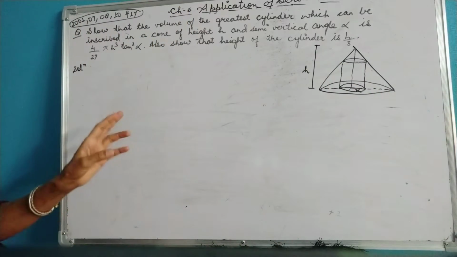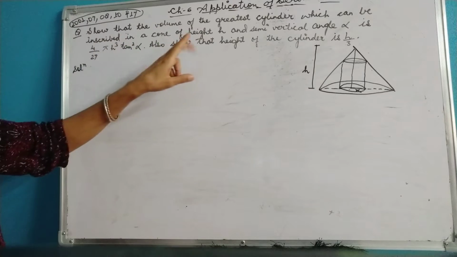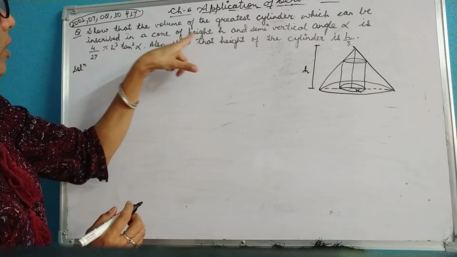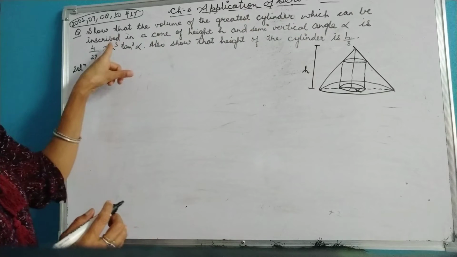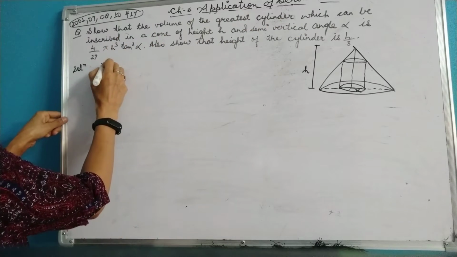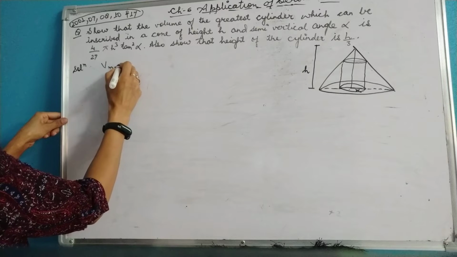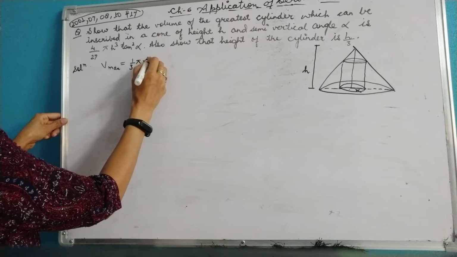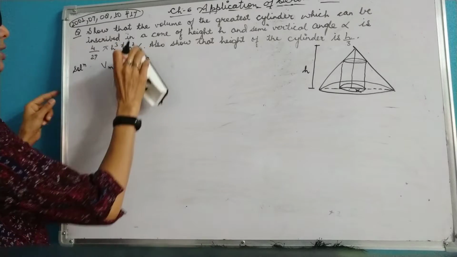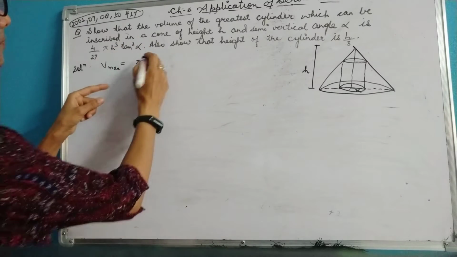Now children, what we need to do? Some more things are given. Show that the volume of the greatest cylinder which can be inscribed in a cone, so maximum volume of the cylinder is given. So I will be writing 1 by 3 pi r square h. It is a cylinder, so it is pi r square h.